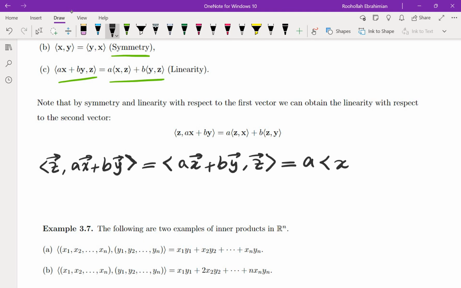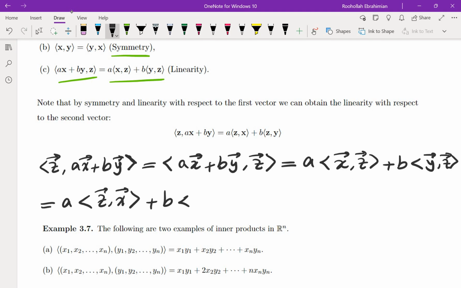So that would be a times the inner product of x and z plus b times the inner product of y and z, which is equal to, again by symmetry, xz and zx are the same, and yz and zy are also the same. So as you see, we got linearity with respect to the second vector.